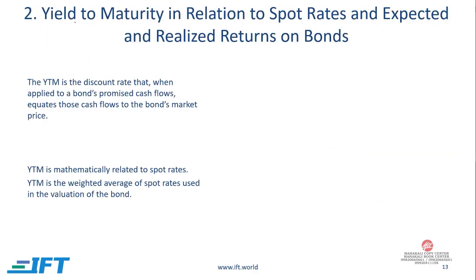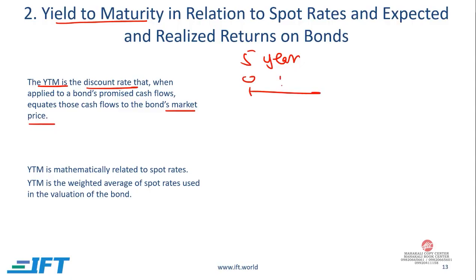In our discussion so far, we've touched on the concept of yield to maturity, but now let's discuss this in more detail. The yield to maturity is the discount rate that, when applied to a bond's promised cash flows, equates those cash flows to the bond's market price. So let's say that we have a 5-year bond which pays a coupon every year.